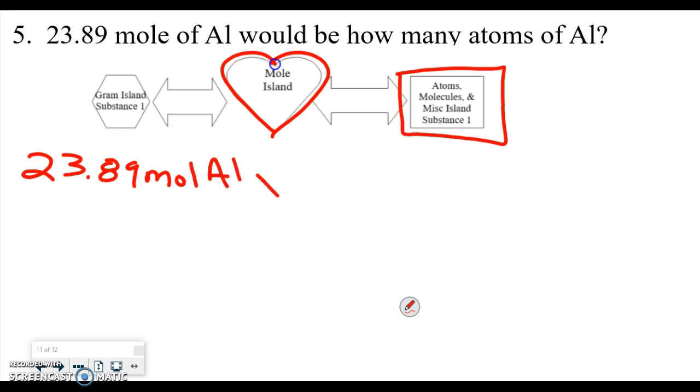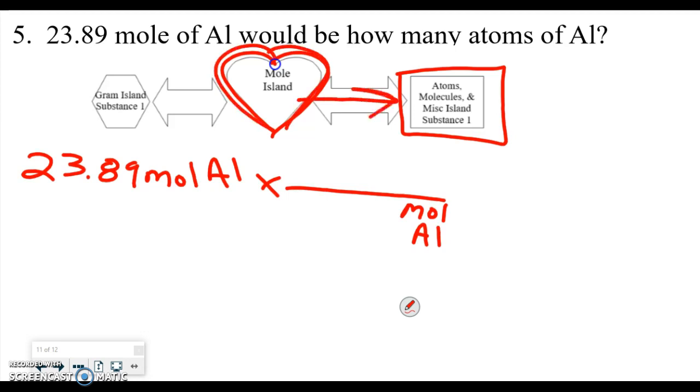Without thinking too much, we put a multiplication sign, division bar, and whatever this label is up on top, we put on the bottom. We're at Mole Island here, and we are going this way over to atoms, molecules, and miscellaneous. And in this problem, it wants atoms of aluminum. So we go atoms aluminum.